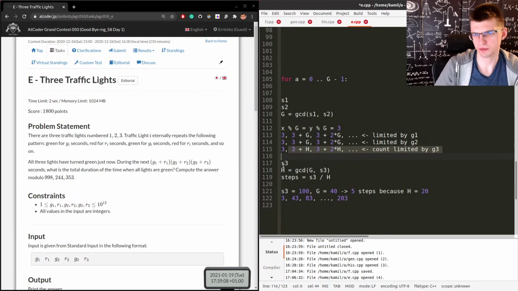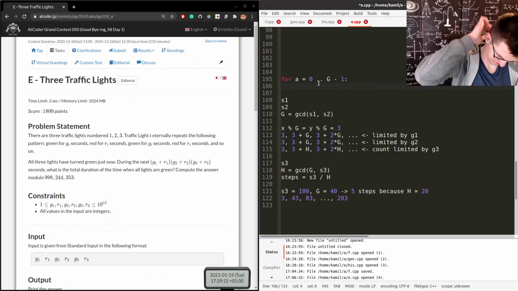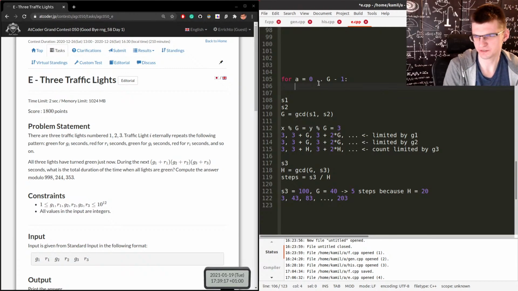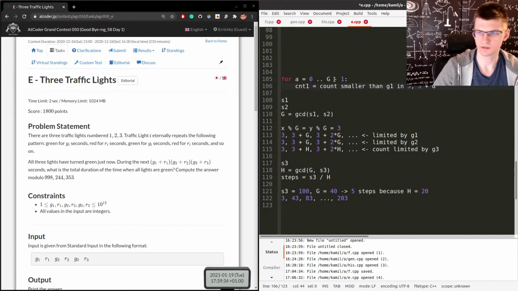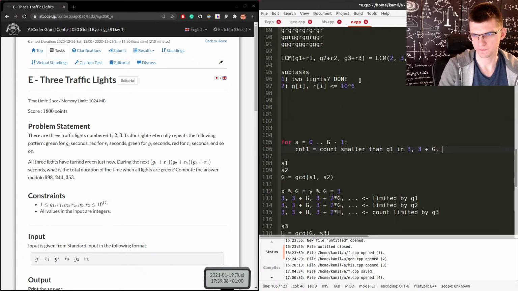Can't remainder be bigger modulo this? Oh no, because H is only smaller. But is that fine for sure? All right. Count 1 is count smaller than G1 in 3 plus G, and so on.